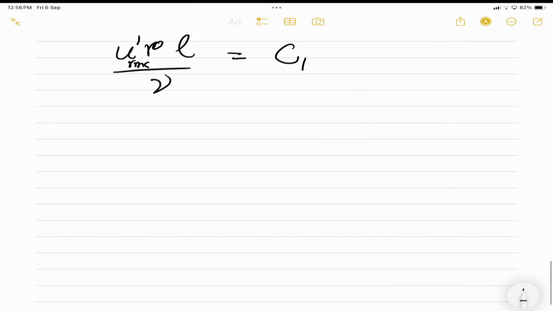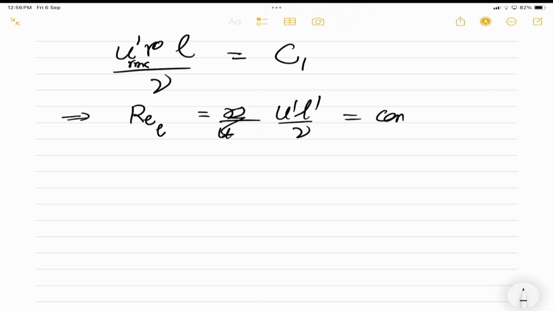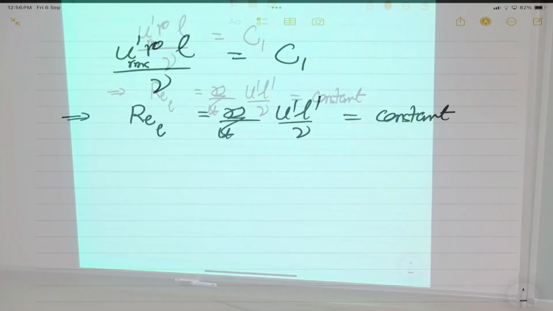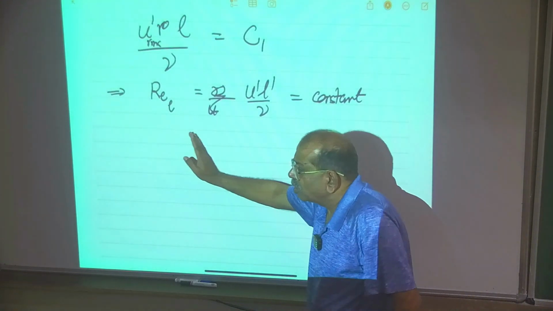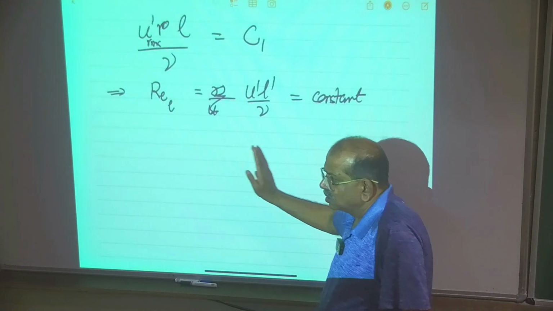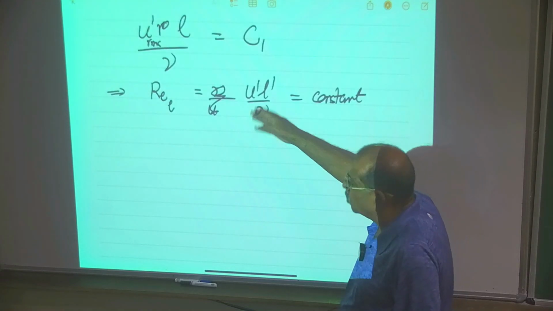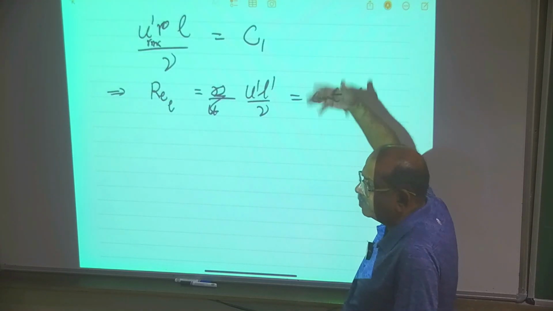So therefore, what we see from here is that this quantity does not change with x1. Now, of course, this is valid for a few hundred distance, but after some time this will also not be valid. There will be a more complex description.